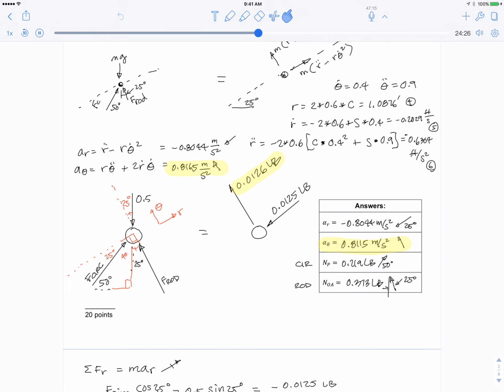But if I was grading it, it's a 20-point problem, 5 for each of these steps. That was maybe 1 or 2 points off for doing everything right but punching that out wrong. And because I got the number right for the force in the theta direction, I just let that slide, and I would let it slide for you.